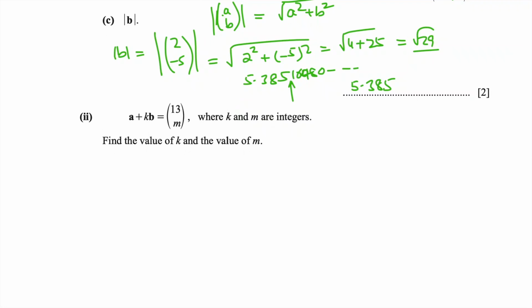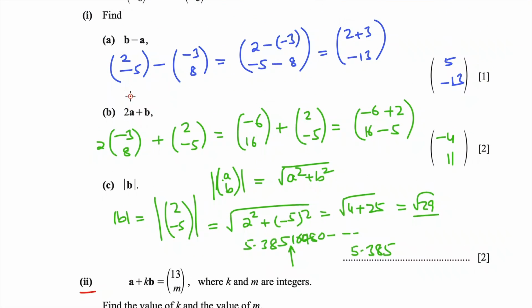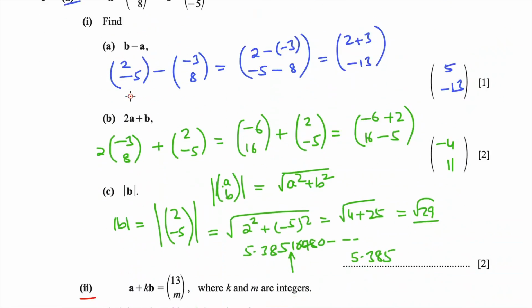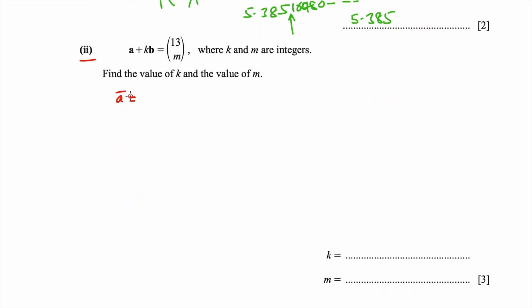Now, second case, part B. A plus kB is equal to (13, m), where k and m are integers. Find the value of k and find the value of m. So again let us check once. A bar is (-3, 8), B bar is (2, -5).